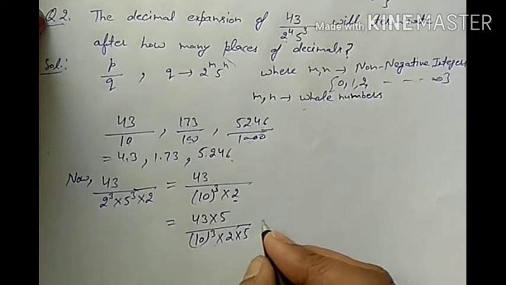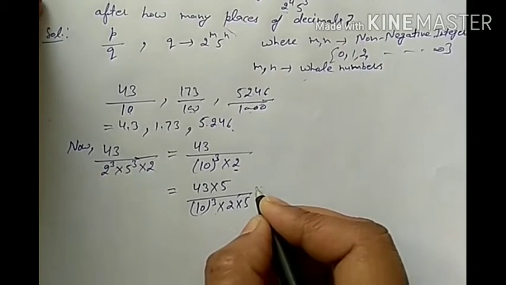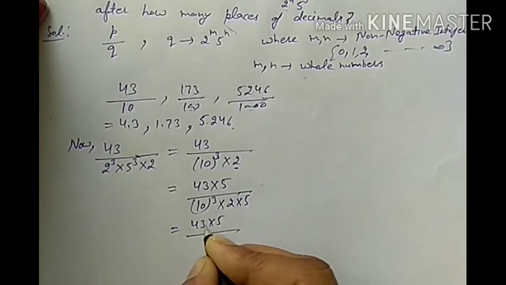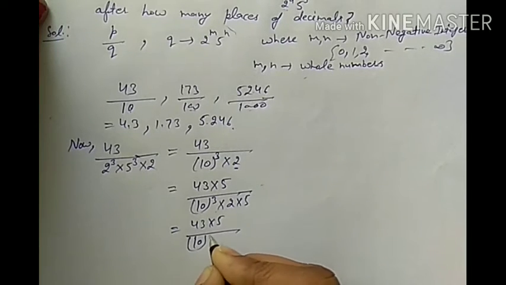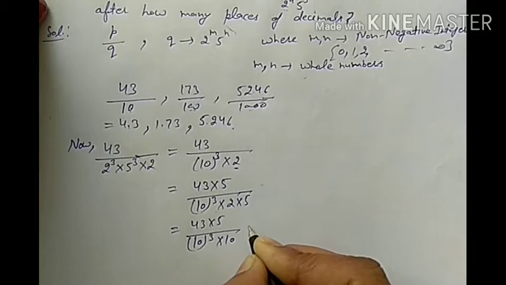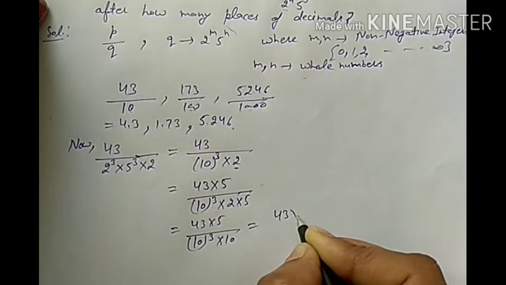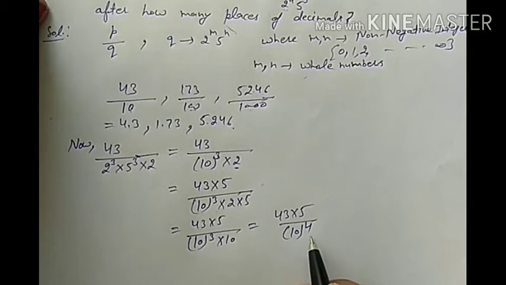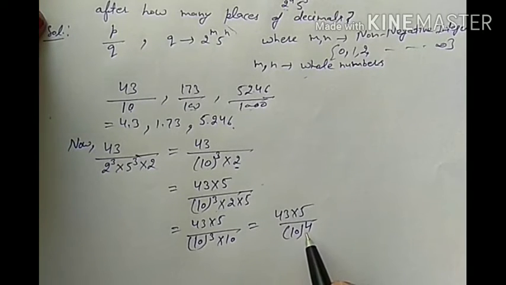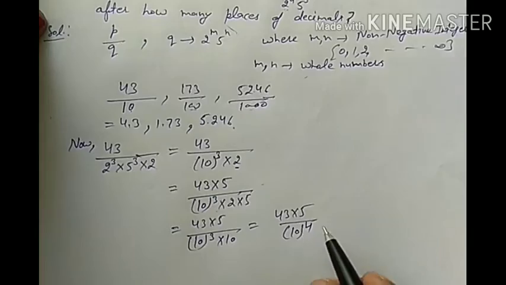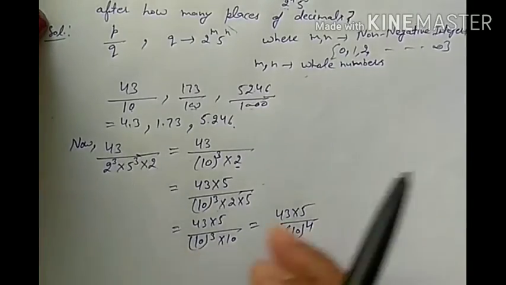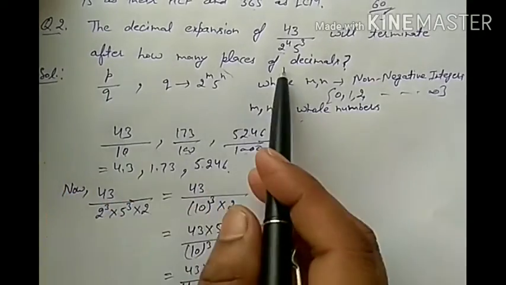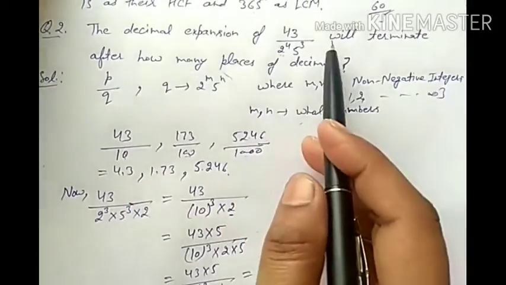So it will be 43 into 5 by 10 raised to power 3 into 10, which is 43 into 5 by 10 raised to power 4. Since 10 raised to power 4 occurs in the denominator, after how many places of decimals? After 4 places of decimals, it will terminate.